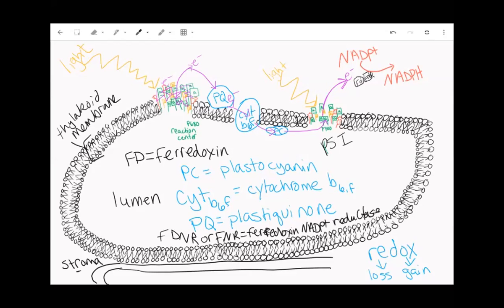I don't know why I always forget the flavoprotein for that. Okay. So that's that other electron carrier there.